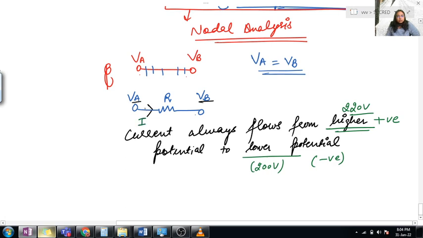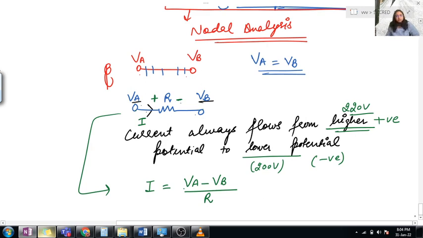So if the current is flowing from A to B, from higher to lower, we will mark positive here and negative here. If we want to calculate the value of current, I is equal to VA minus VB divided by R, because the current is starting from VA, which must be positive, and going to the lower potential VB, denoted by the negative sign, divided by the resistance.